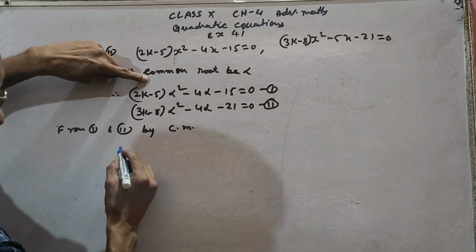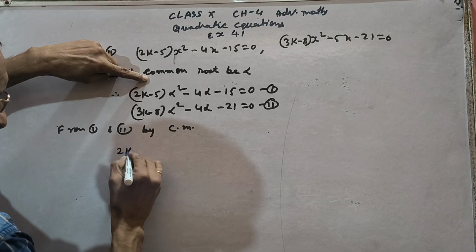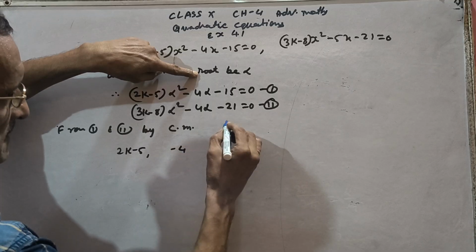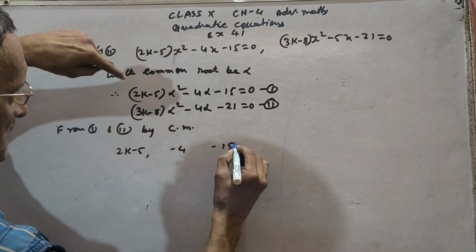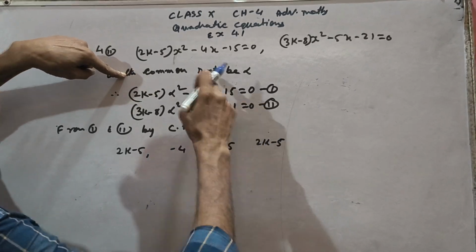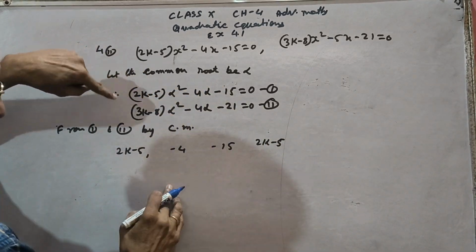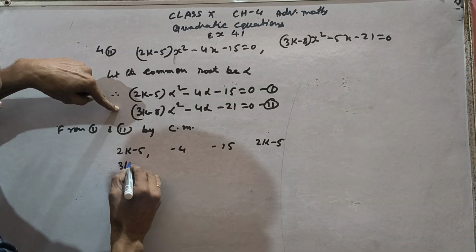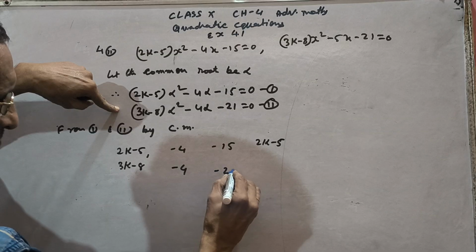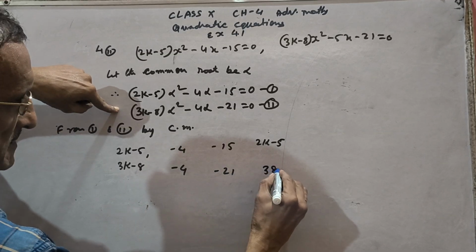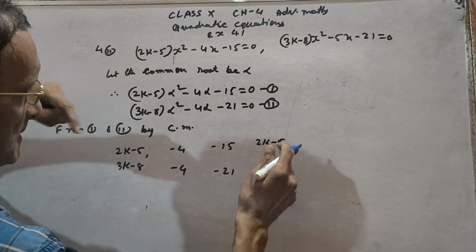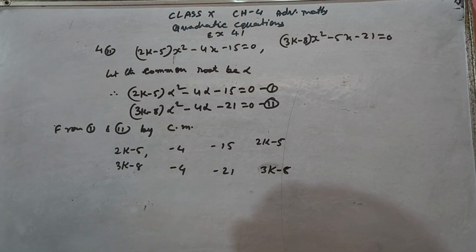Write the coefficient of alpha square. What is here? Twice k minus 5, alpha, minus 4, and constant term minus 15. And repeat this again, twice k minus 5. From equation 2, 3k minus 8, minus 5, minus 21 and 3k minus 8. We will write in cyclic order.